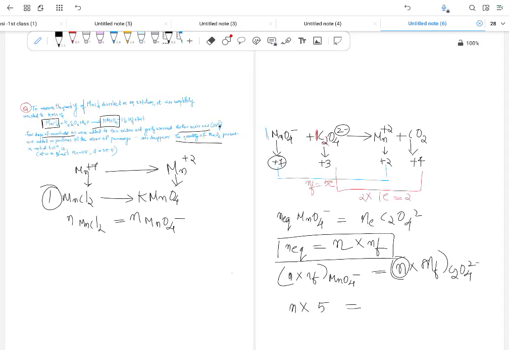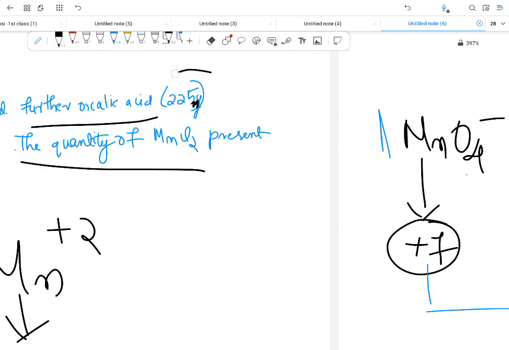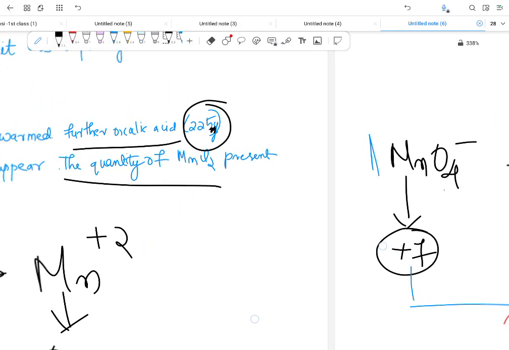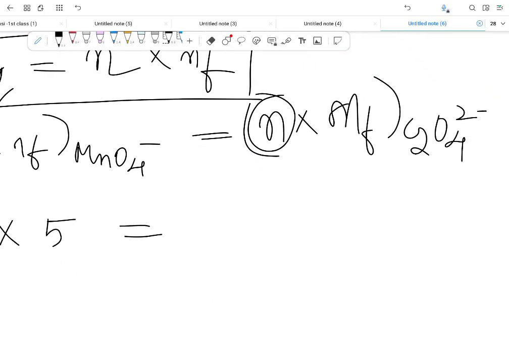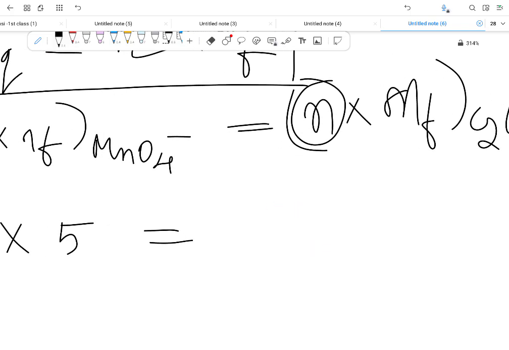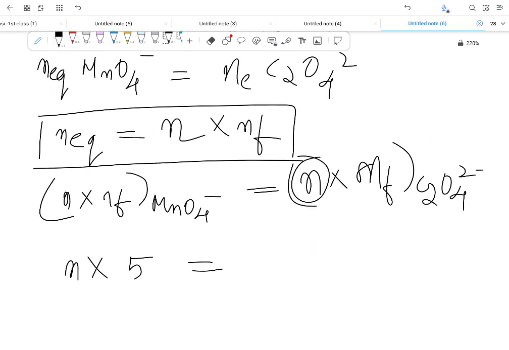For n of C2O4, how much is given in the question? 225 milligram is given, which is 0.225 gram, divided by the molar mass of oxalic acid, which is 90.